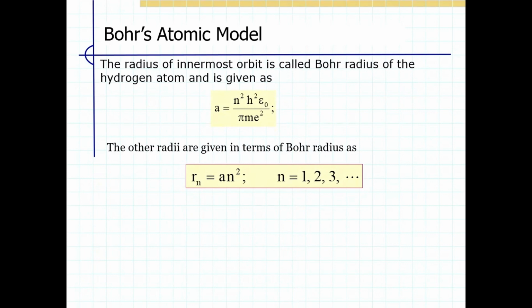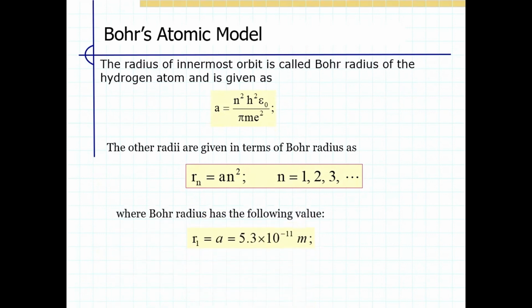We can see that the innermost radius has a certain value, and you can calculate it with the help of h square epsilon naught divided by pi m into e square, and it is roughly 5.3 into 10 to the power minus 11 meters.